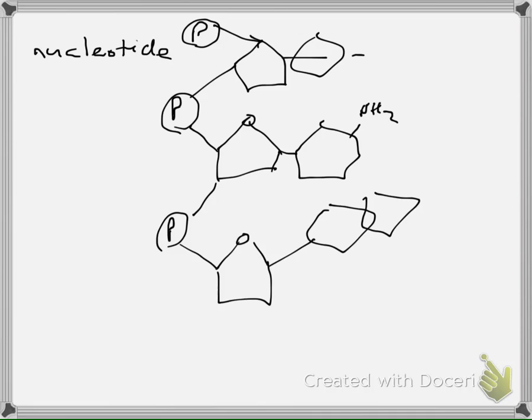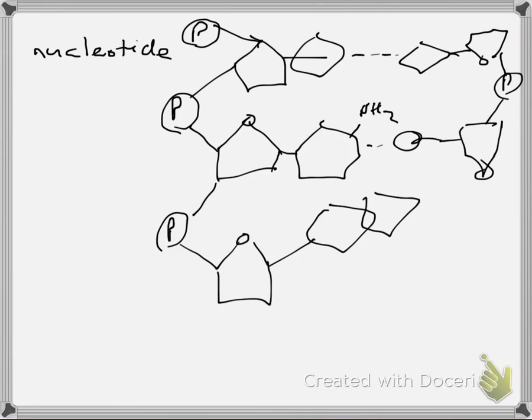And then, of course, on the opposite side, we have other bases connected to other sugars and phosphates. And what holds those bases together? The hydrogen bonds. So look at DNA kind of like a ladder, and the steps or the rungs of that ladder are the bases.